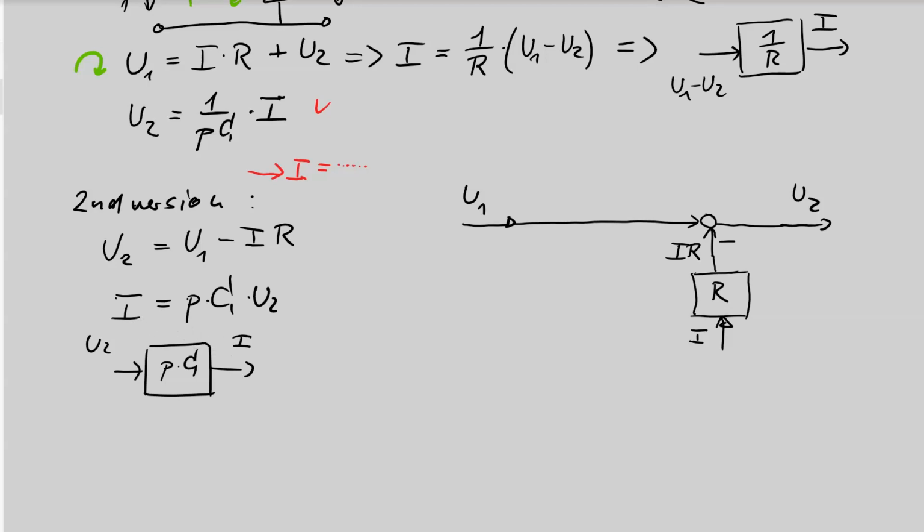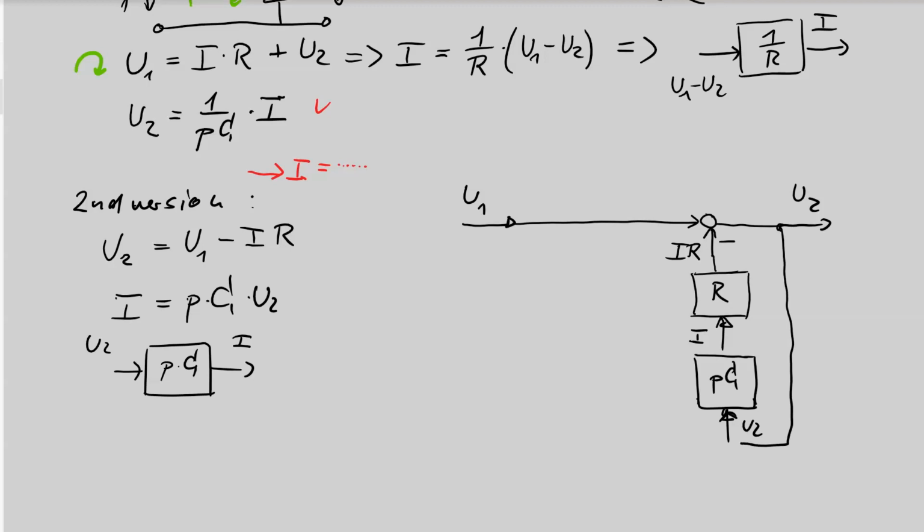So this element now I use to shift to this position. I output can be connected to I input here. So I have a very simple block function. You can also draw this with an output in the top line and the input in the bottom line. That is no problem. The function is PC and the input here is U2. And again, to get the U2 signal here as the input, I need U2 as an output. This is available at the summing point.